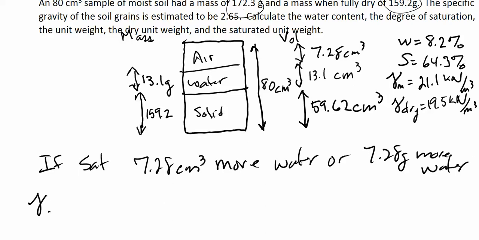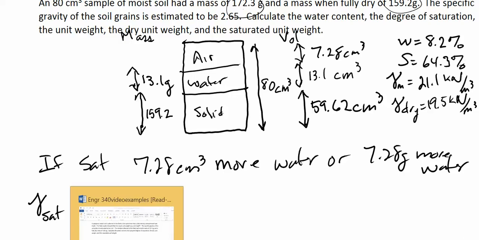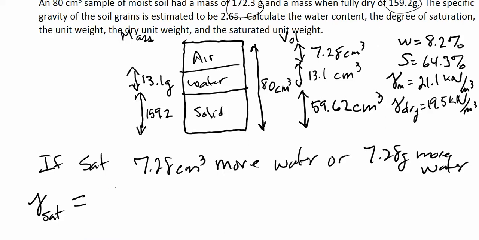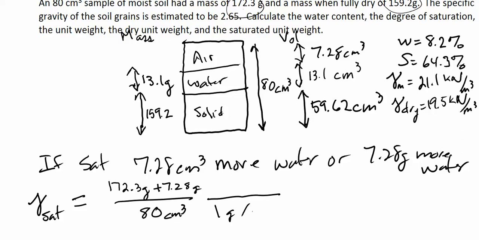So I can get my saturated unit weight simply from taking 172.3 grams, what it weighs moist, add 7.28 grams of water, divide that by 80 cubic centimeters of sample, and, remembering that I need my conversion, 1 gram per cubic centimeter will convert to 9.81 kilonewtons per cubic meter, and that will get rid of all my units except the ones I want to be left with.